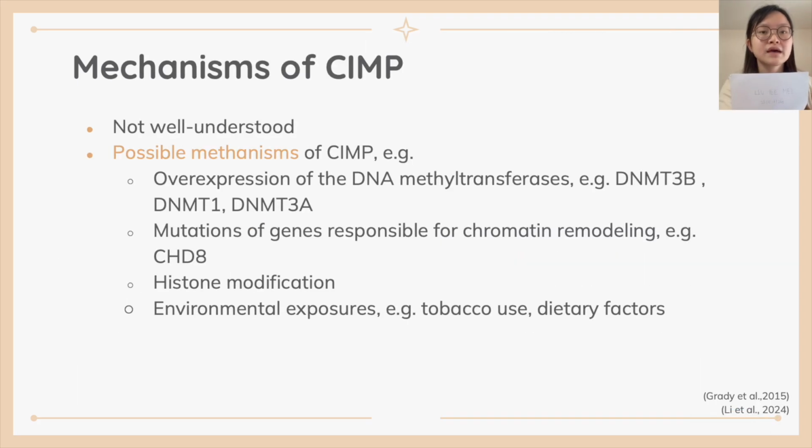The exact CIMP mechanisms remain unclear, but evidence shows that they may involve DNA methyltransferase overexpression, mutation of genes responsible for chromatin remodeling, and histone changes. Environmental factors like smoking and diet may also push normal colon cells toward this phenotype.